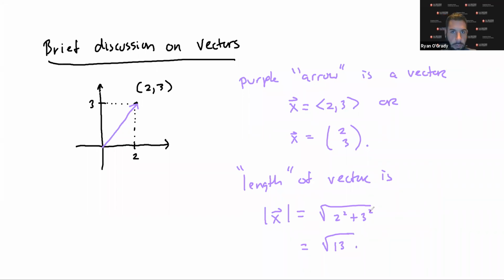You might not remember, or maybe it was never explained to you where that comes from, but that's just the Pythagorean theorem. Because if I make this right triangle, this is the side of length 3, and this is the side of length 2. So of course, this guy has length square root of 13.